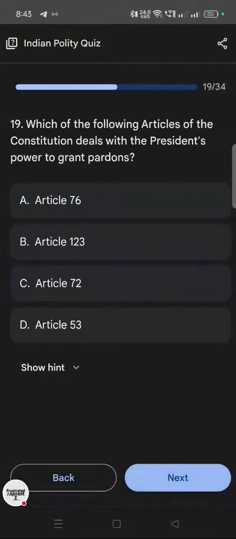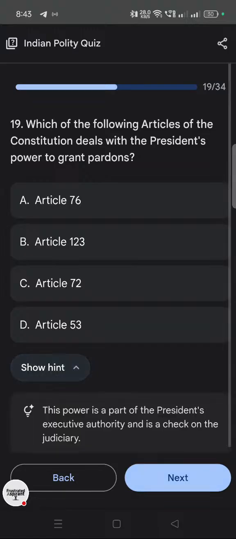Which of the following articles of the Constitution deals with the President's power to grant pardon? Article 143, 76, 123, 72, 53.